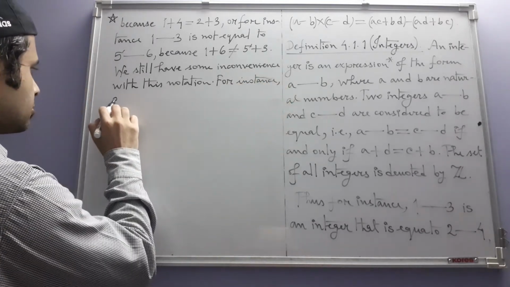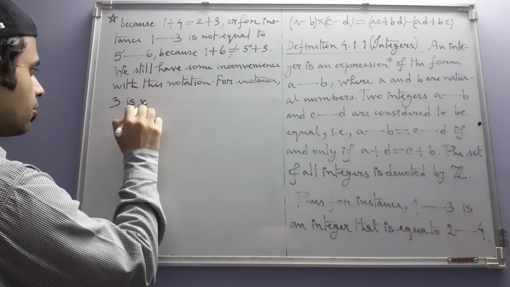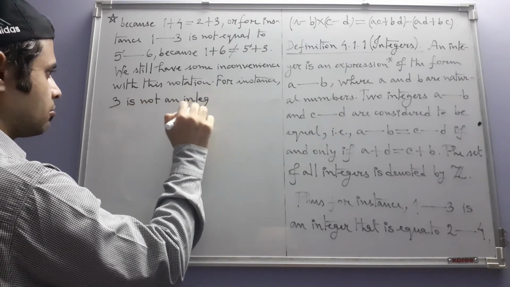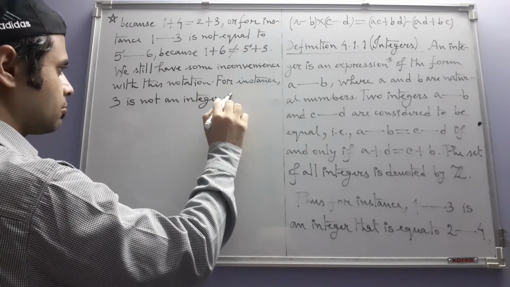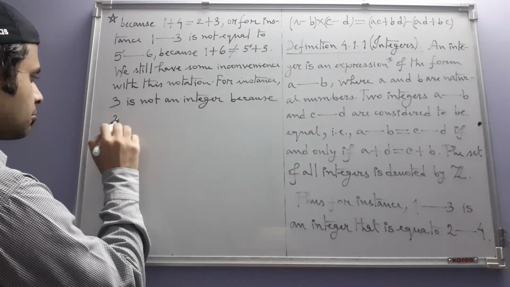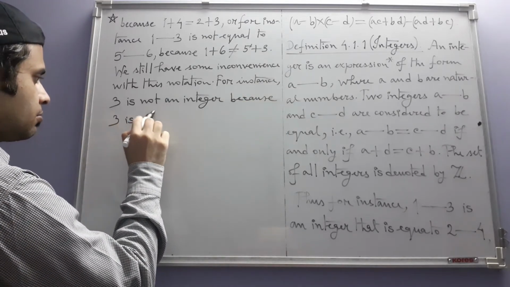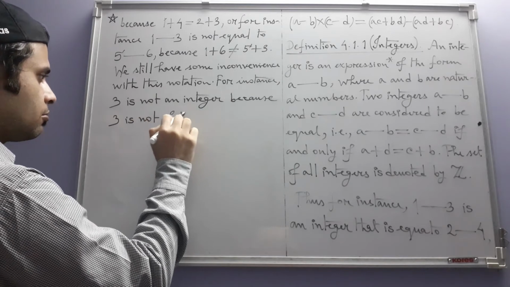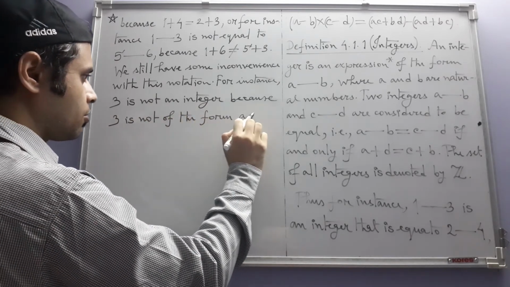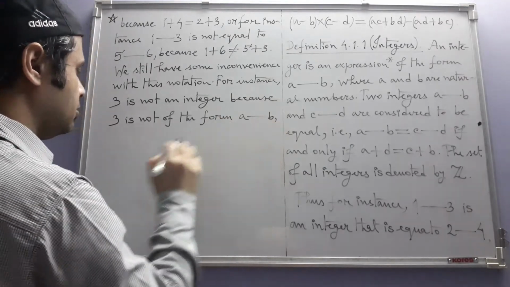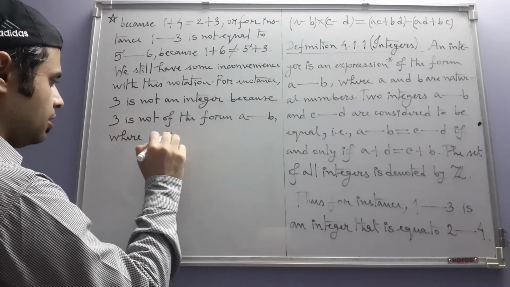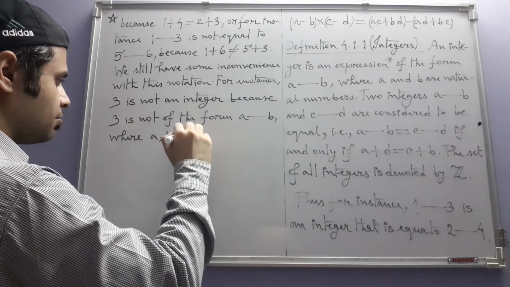For instance, 3 is not an integer, because 3 is not of the form a-b where a and b are natural numbers.